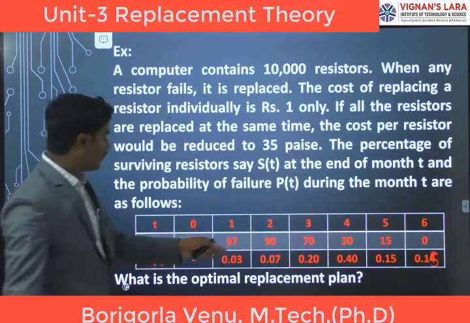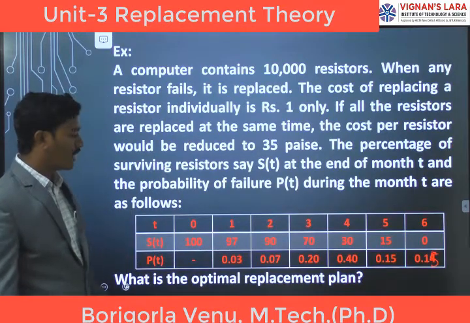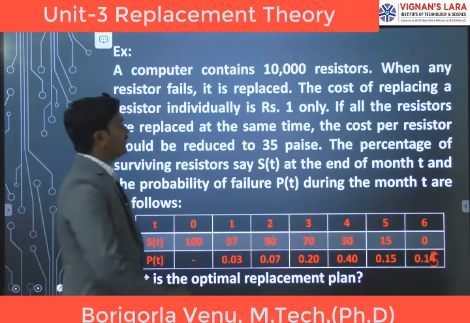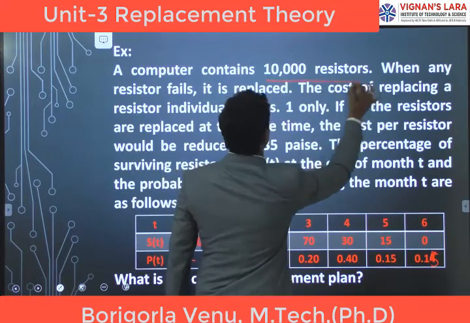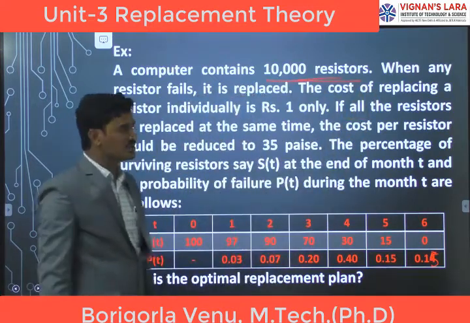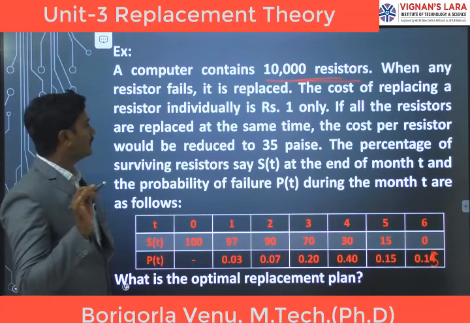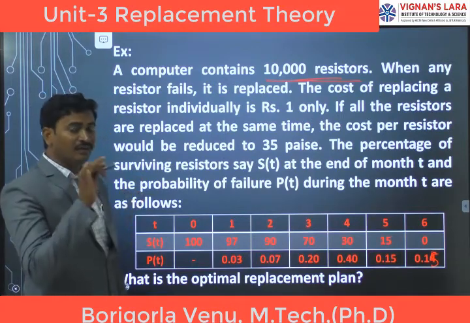Then what is the optimal replacement plan? We have to calculate the optimal replacement plan. Here what are they given? They are given 1000 resistors, and the cost of replacement is given individually and as a group.